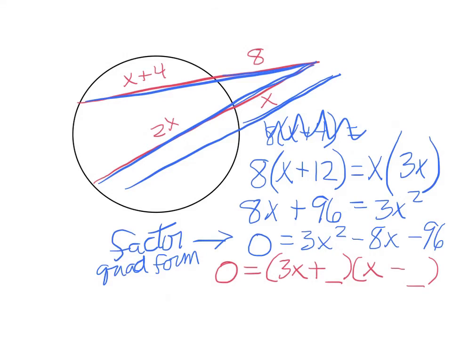So give that a shot. If you haven't done factoring in a while, you might be a little rusty. If you tried it a couple of times, you might have figured out that this one does not factor. And since it doesn't factor, that means you have to use our old friend, the quadratic formula.